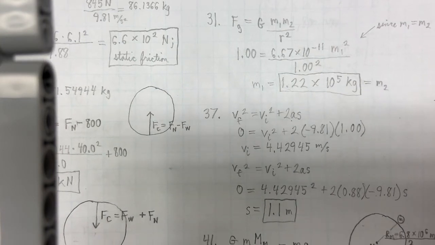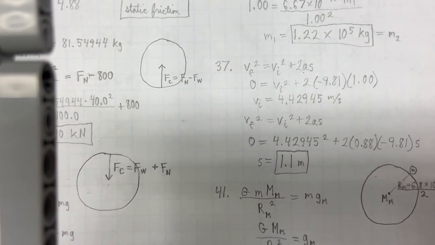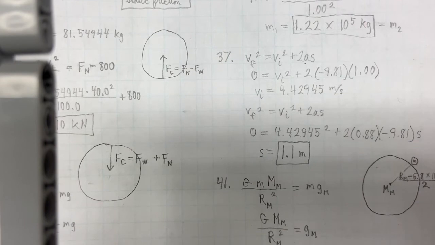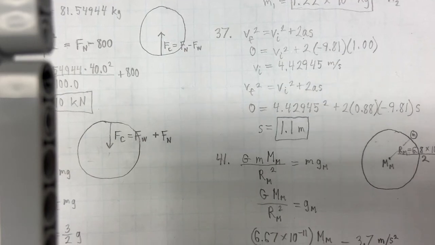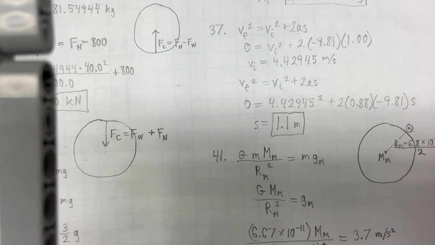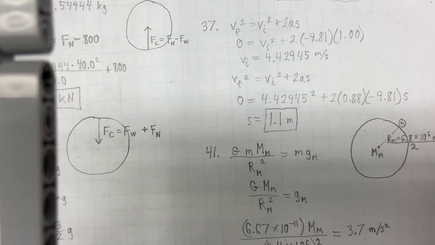Okay, so we do vf squared equals vi squared plus 2as. 0, which is the final vertical velocity at the top of the jump, equals vi squared plus 2 times negative 9.81 times 1.00, and we get a vi of 4.42945 meters per second.